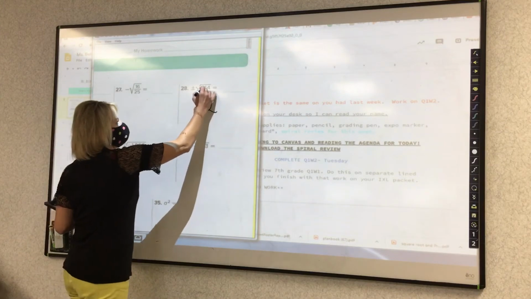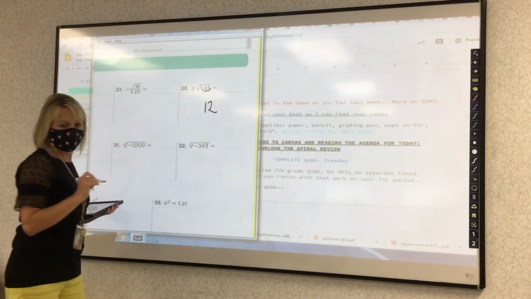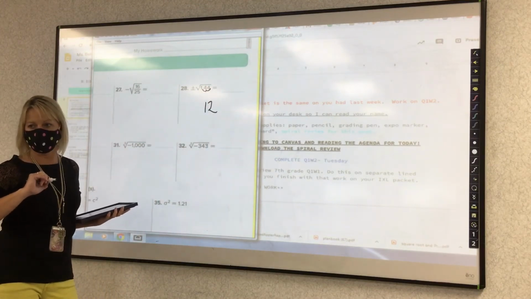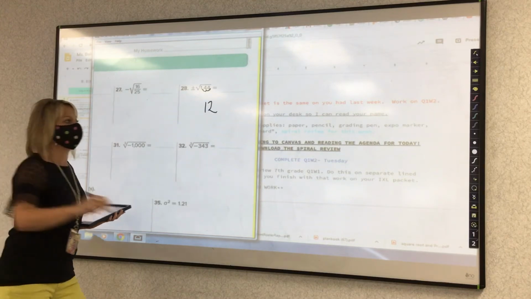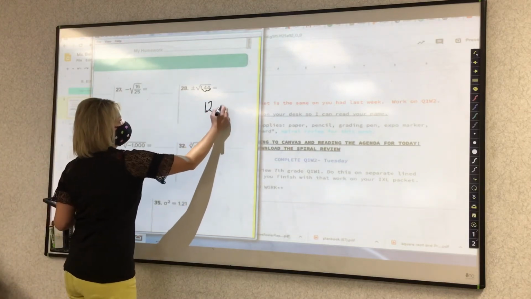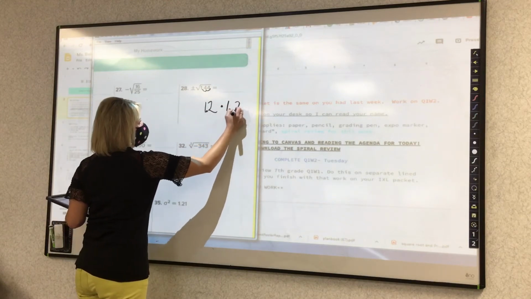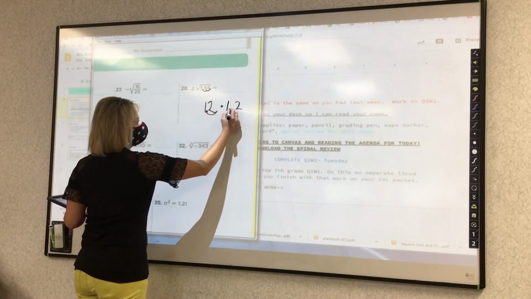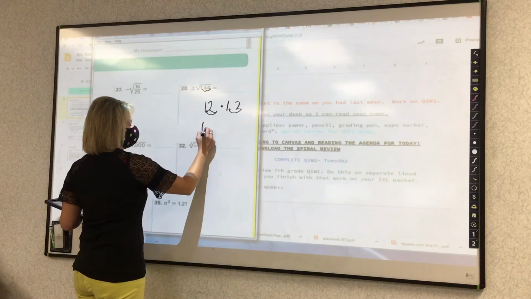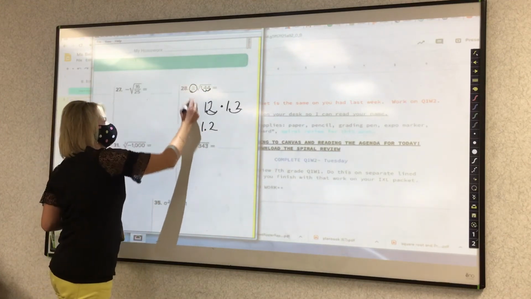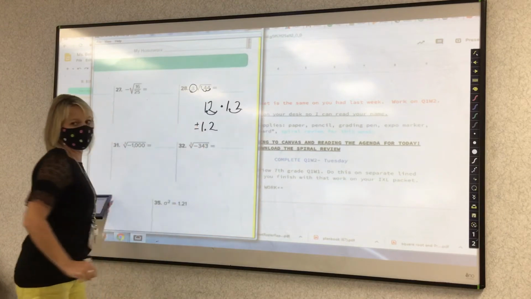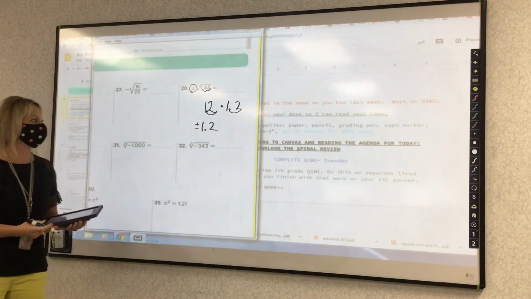I have 1, 2 inside the radical sign. And then you're going to ask, how many do I need in my answer? 1. Because 1.2 times 1.2 will eventually have 1, 2 at the end. So 1 and 2/10 is my answer. But don't forget to bring down the plus and the minus, the positive and the negative.